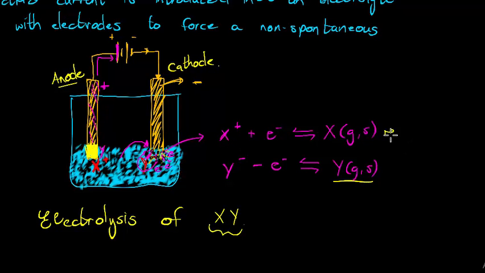But this, for example, is reduction, because we get gaining electrons. The cathode donates electrons to compound X to reduce the compound.